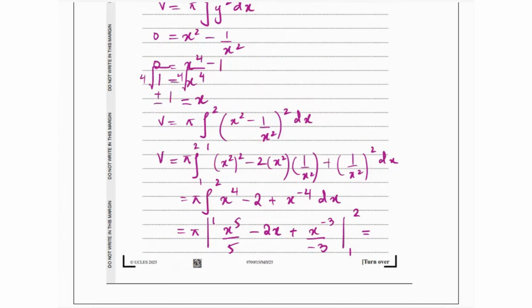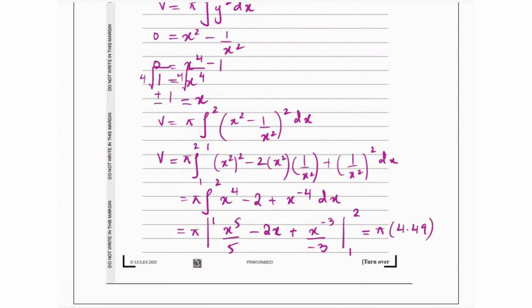And then we subtract that from 1. And then we subtract the other limit from that. So 1 divided by 5 minus 2 minus 1 divided by 3. That's 4.49.